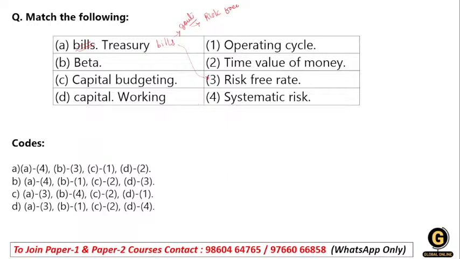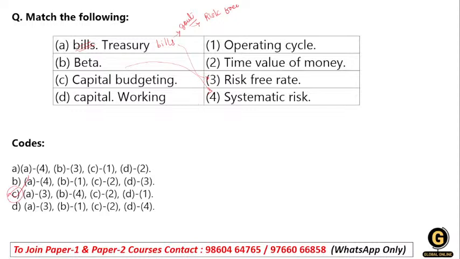Then beta is nothing but your systematic risk, which measures the market risk of a security compared with the overall market. So you can match it with the fourth one. So option number C will be the right answer over here. Then capital budgeting.